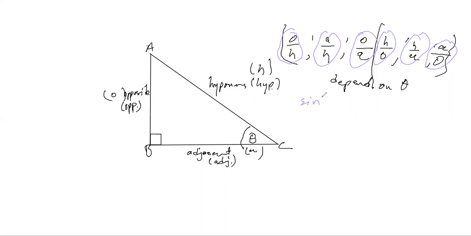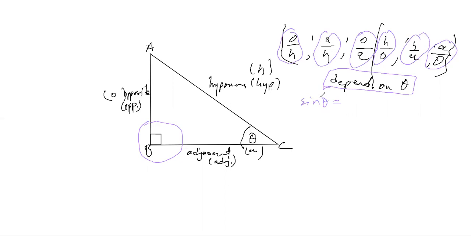I said to you, the ratios depend on theta. Remember what I said? Now, in any right angle triangle, very important to note, the sine of theta, again, pay attention to the language I'm using.